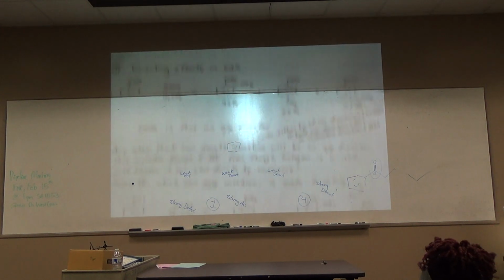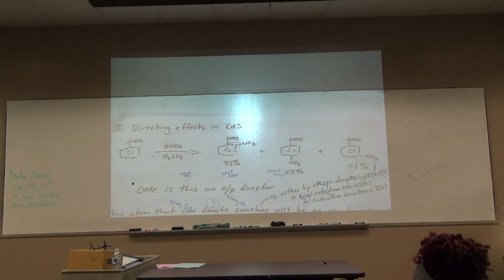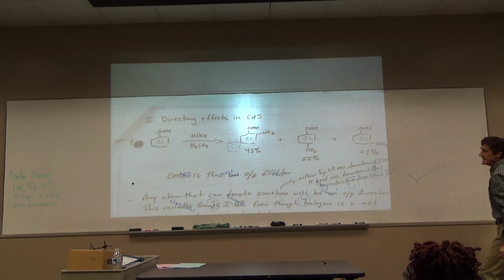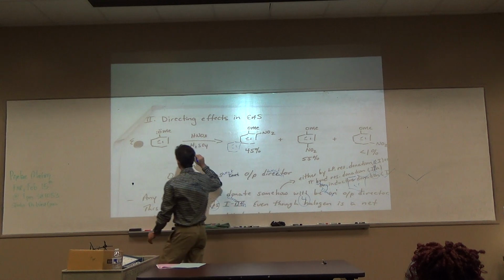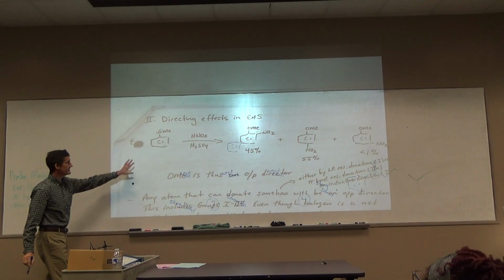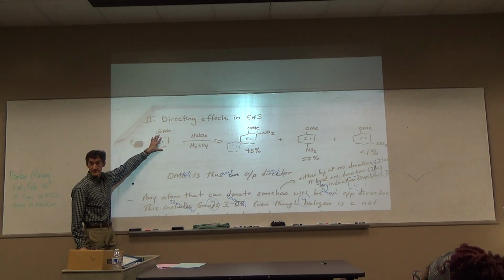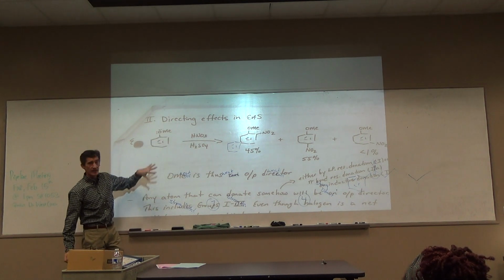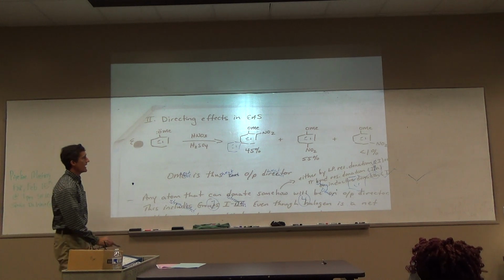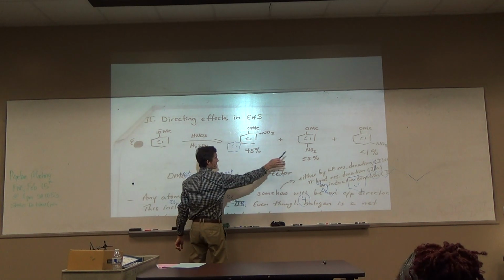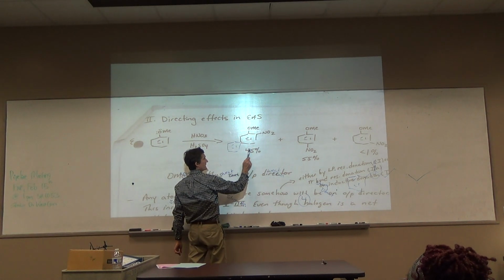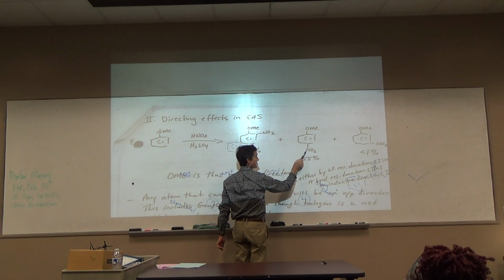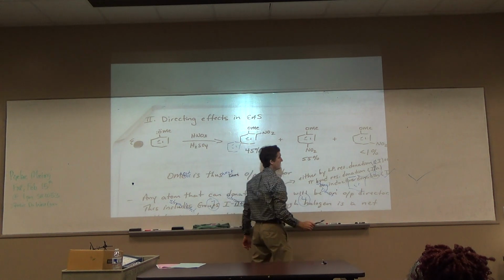Okay, next is directing effects. Where is a new group going to go relative to an existing group? Anisole, we know it's much more reactive than benzene. But if you try to nitrate anisole, where's the nitro group going to go? It turns out that you get a mixture here. You get 45% of the ortho nitro product. You get 55% of the para nitro product.